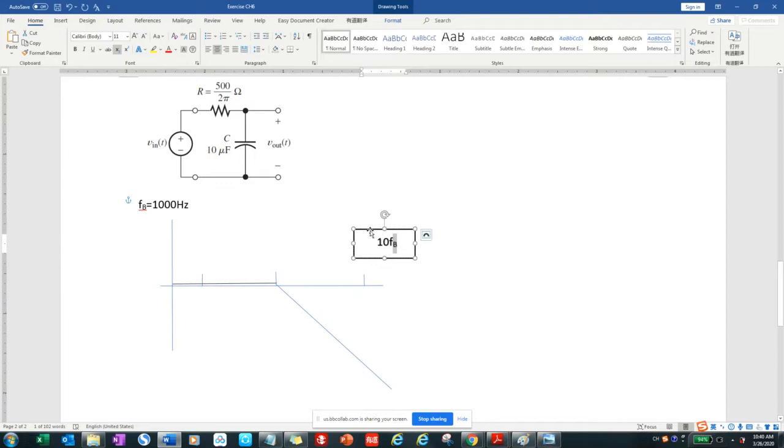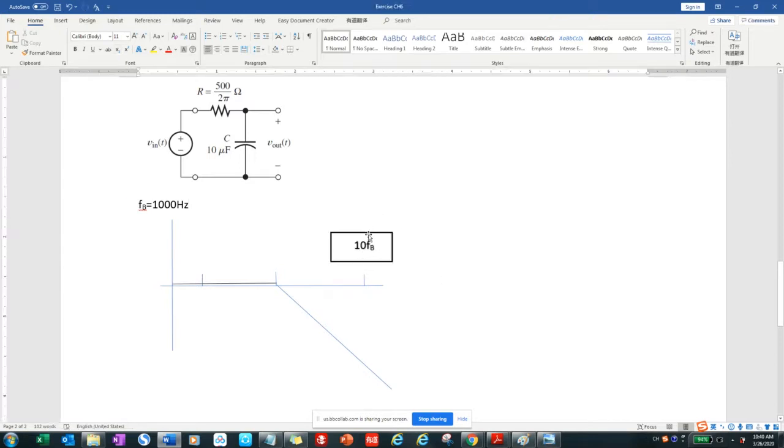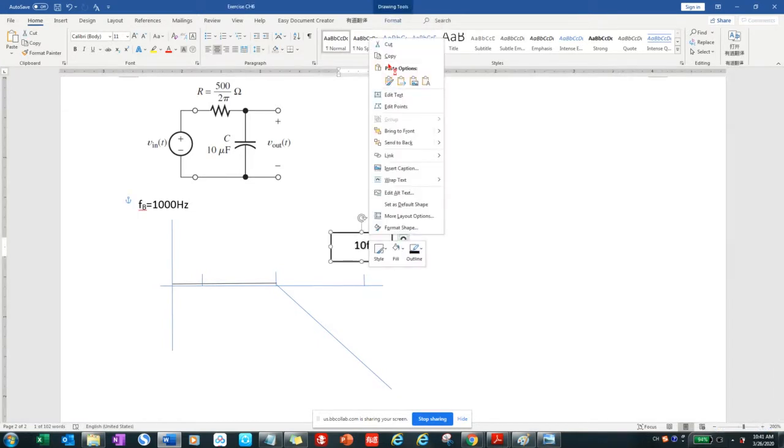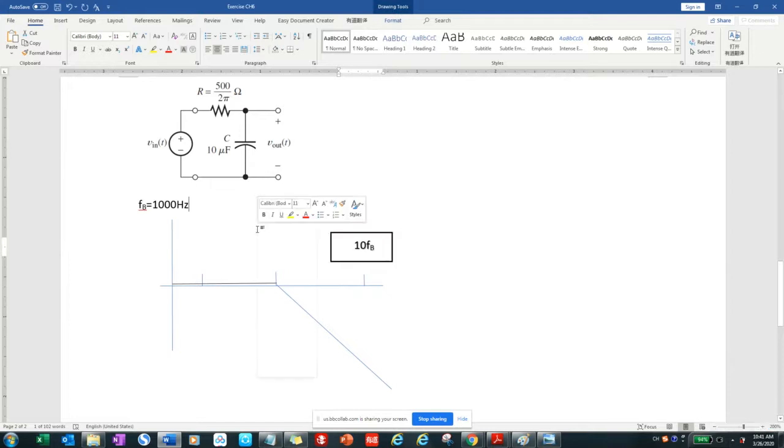So here, this is 10 times FB. This is FB.